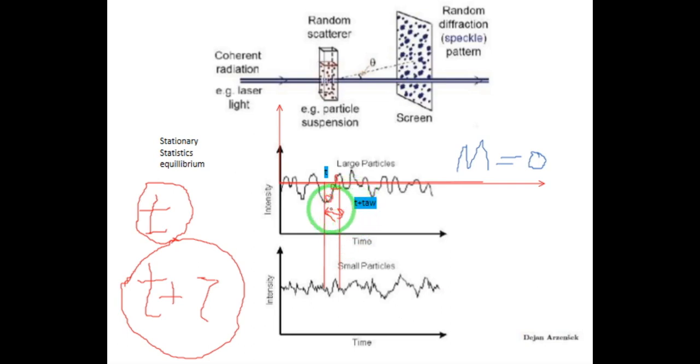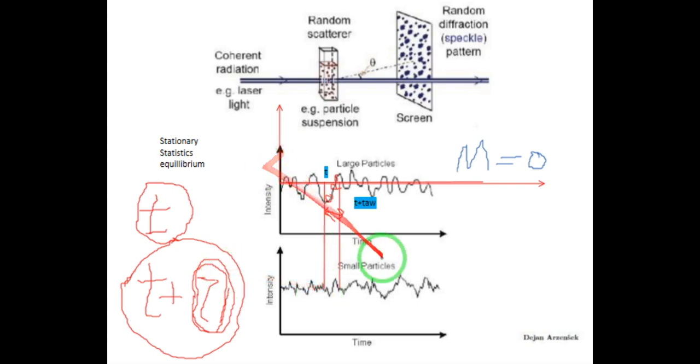So if we compare these two signals, how dissimilar these two signals are going to be with respect to the time lapse, with respect to the time delay of tau, then we will get the information about the size. Well, let's do it mathematically.